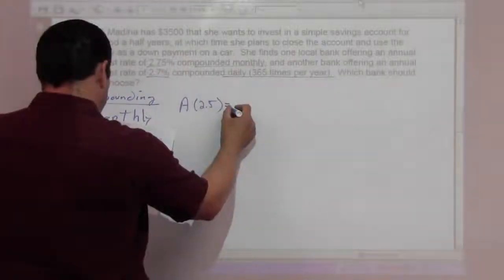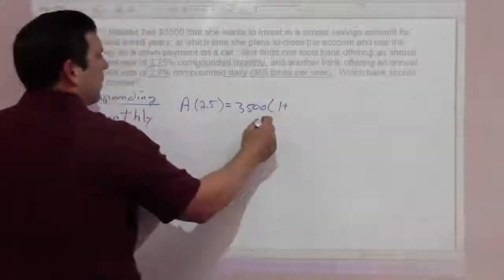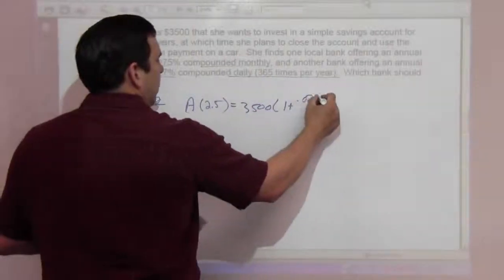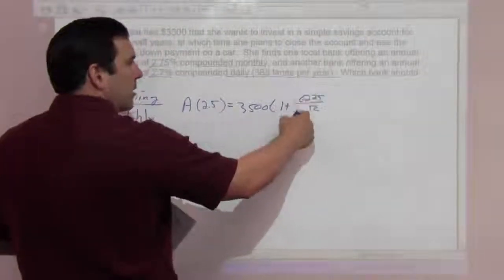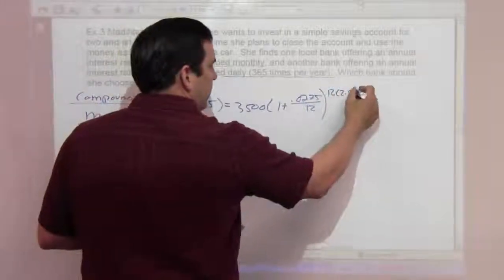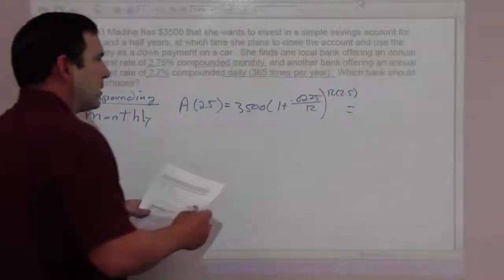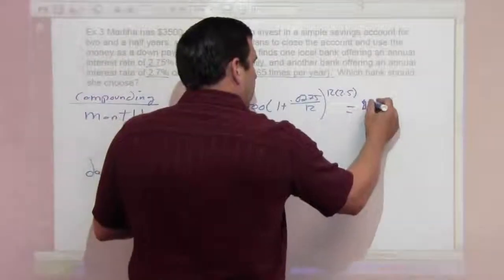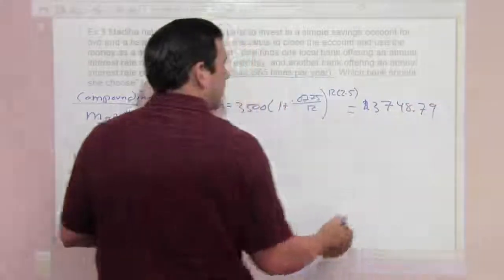Okay, 2.5 times our 3,500 times 1 plus our 0.0275 over 12, because there are 12 months a year, it's compounded monthly, to the power of 12 times 2.5. And this will give us $3,748.79.